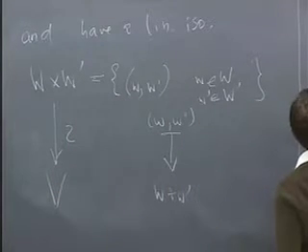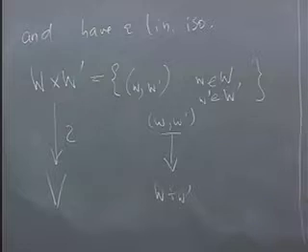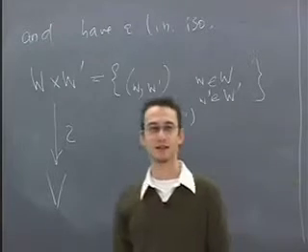So using a term introduced last time, can somebody give me a way of seeing fairly immediately that the intersection of W and W prime is just the 0 vector space? Yes?